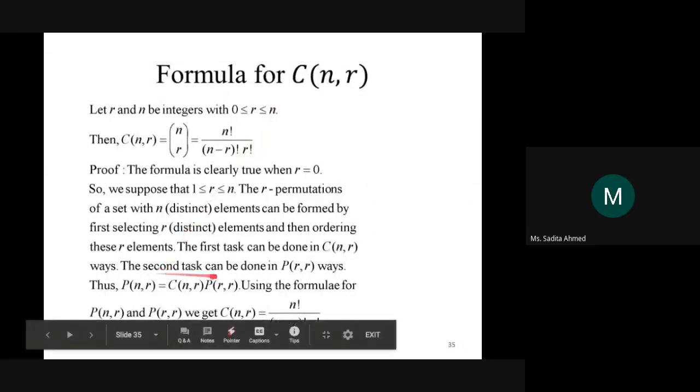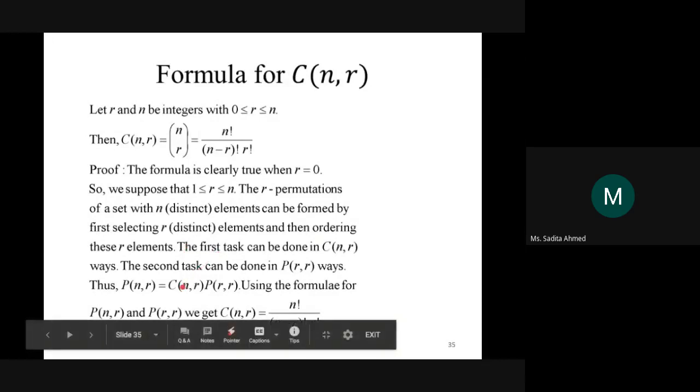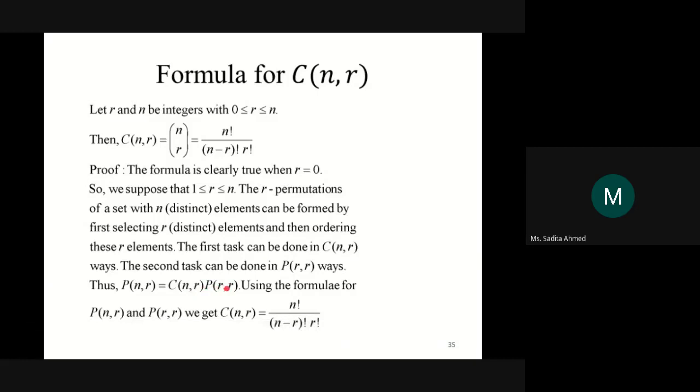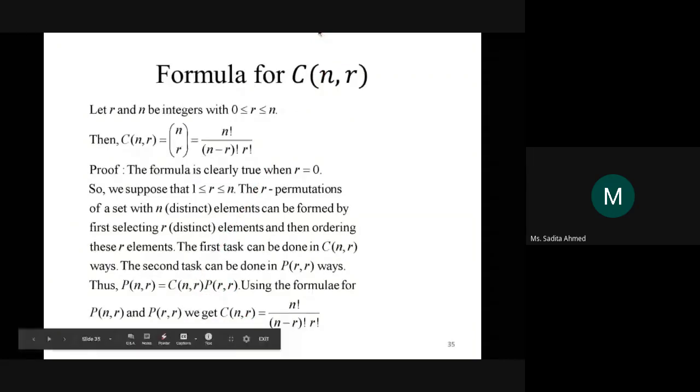So far, the fact that we can calculate P(n,R) from C(n,R) and P(R,R), the product of these two. The count of R permutations from n distinct objects is equivalent to the product of the number of ways to select R objects, which is C(n,R), and the number of ways to count the many different arrangements within that R selection, which is P(R,R). Is this part clear with everyone?